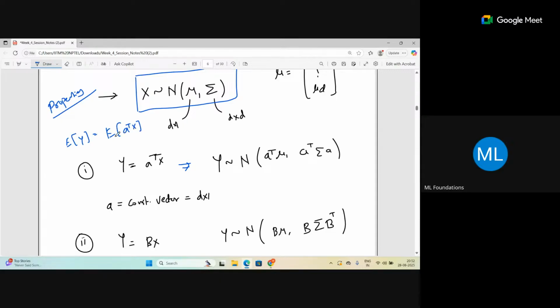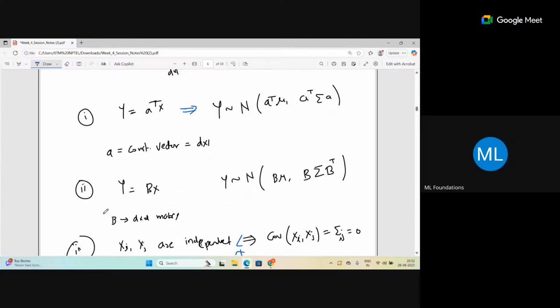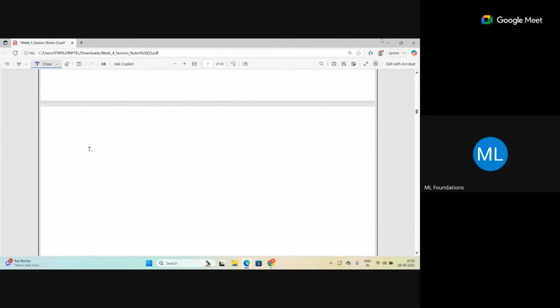A is a constant, so A transpose comes outside, and it is the expectation of x, which is mu. So it is A transpose mu. Similarly, you can argue about the variance. It's not very different from what we have learned previously. I have just defined a new random variable y.